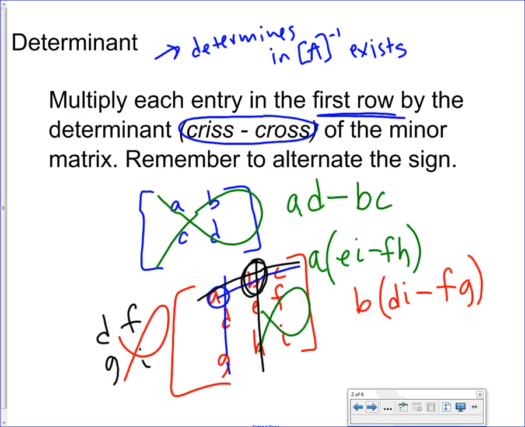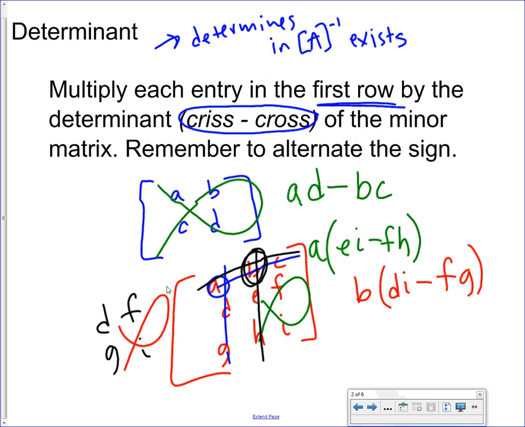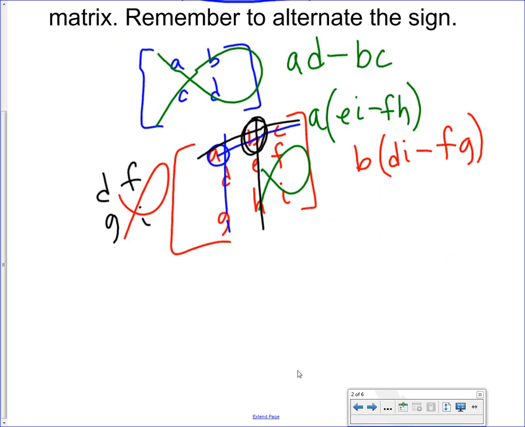So we've got one more entry in the top row, and that's C. We're going to ignore the row and ignore the column that C is in. And when we do that, we're left with the minor matrix D, E, G, H. And with that minor matrix, you do criss minus cross.